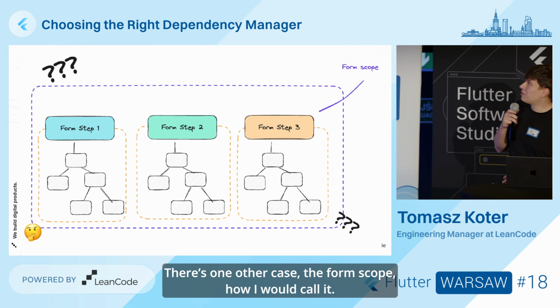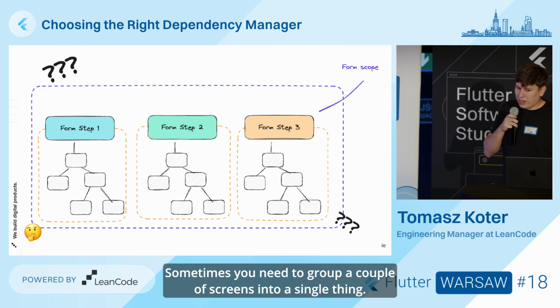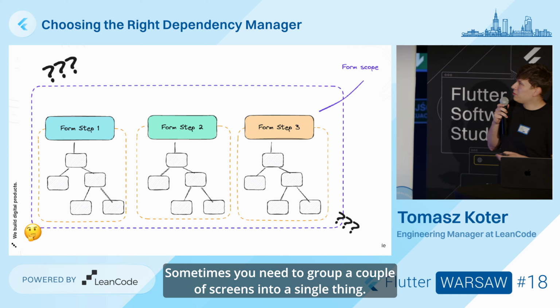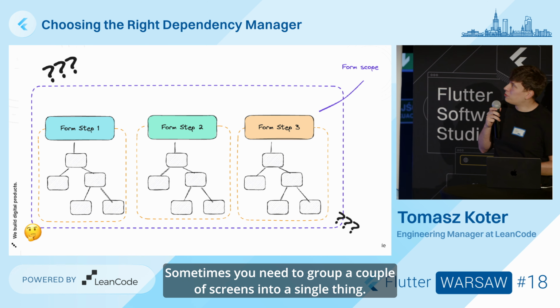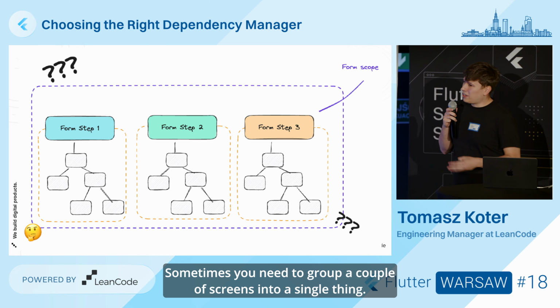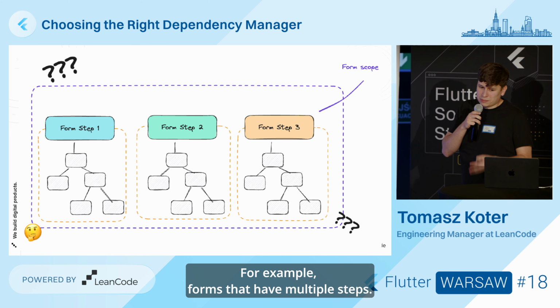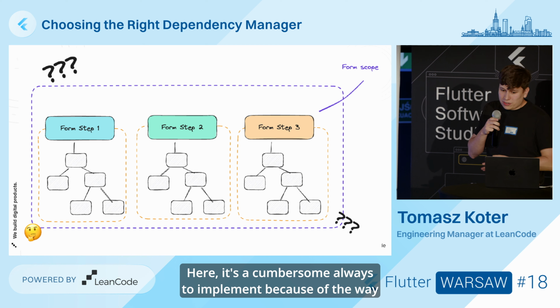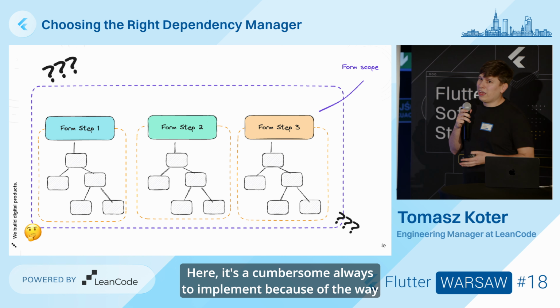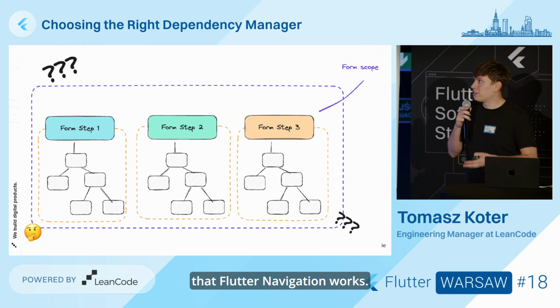And there's one other case, the form scope, I would call it. Sometimes you need to group a couple of screens into a single thing, for example forms that have multiple steps. And here, it's cumbersome to implement because of the way Flutter navigation works.